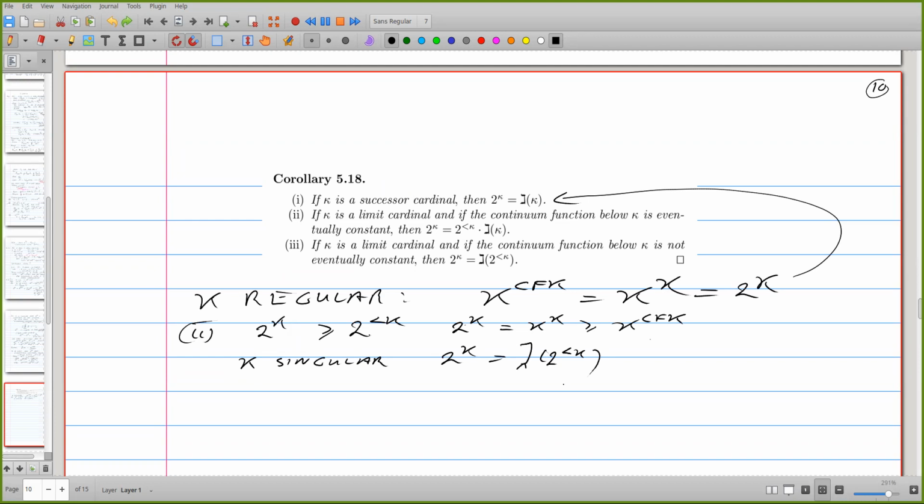Oops, it is constant, sorry. I'm looking at the wrong case. If kappa is singular, then we know that 2 to the kappa is equal to 2 to the less than kappa. If kappa is regular, then 2 to the kappa is kappa to the kappa, which is kappa to the cofinality kappa. So either way, 2 to the kappa is one of the two factors, and there we have it.